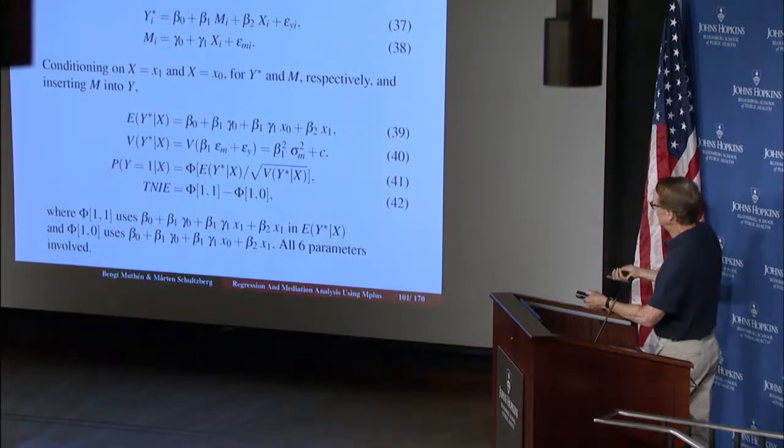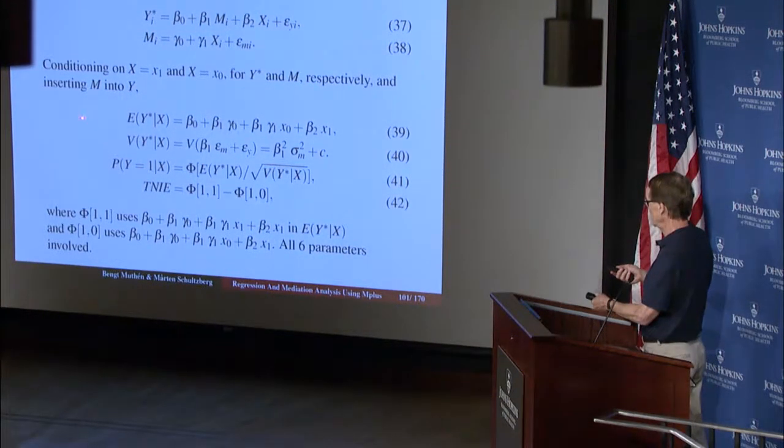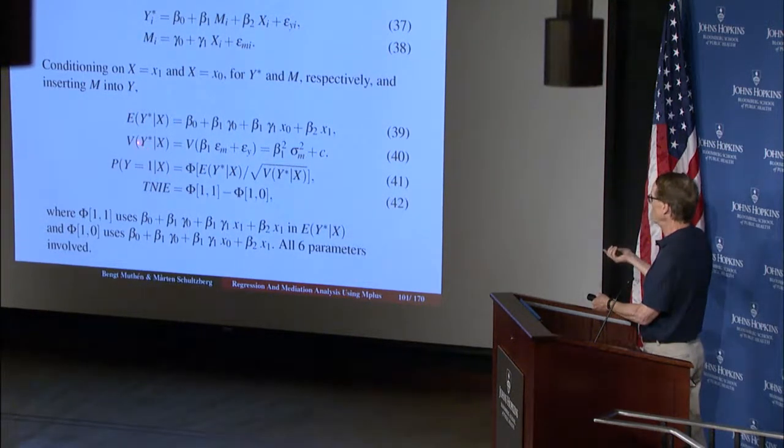And then, in this case, you also have to take into account the variance of y given x. What's the variance of y star, rather, once we condition on x? Well, the only thing left are these terms, right? When we insert m in there, you have beta 1 times this epsilon plus that epsilon.